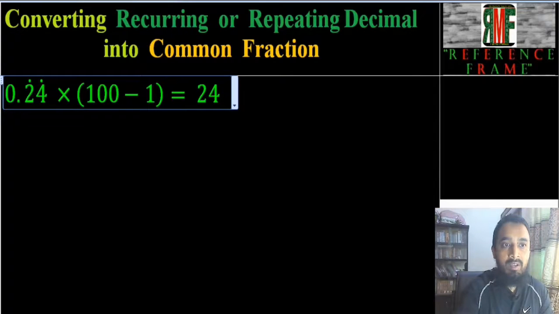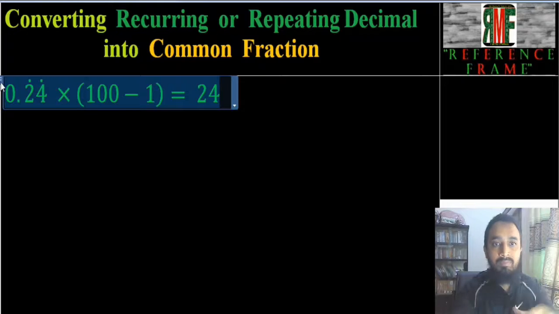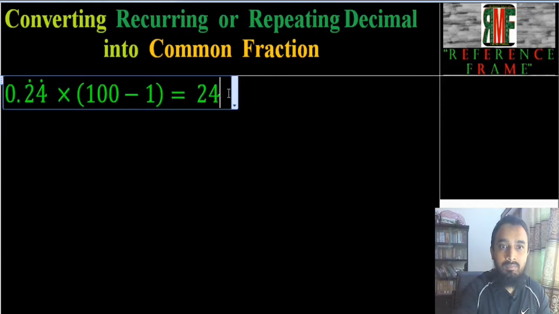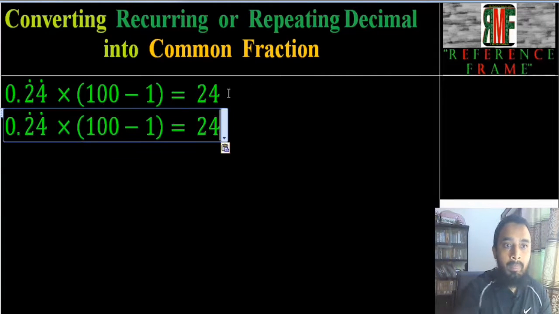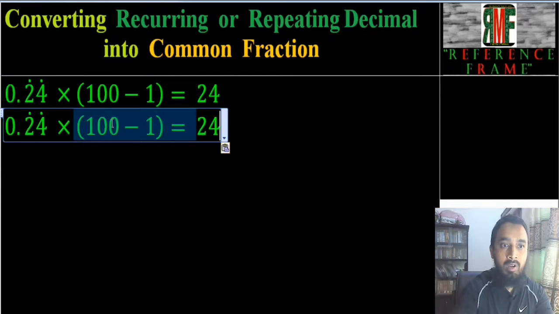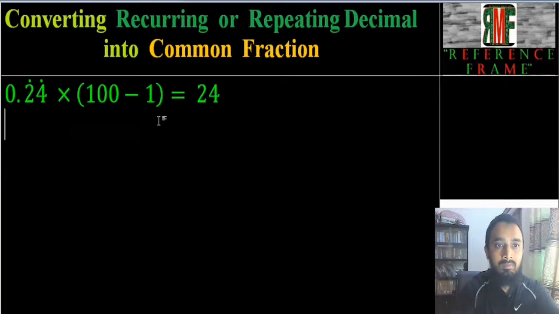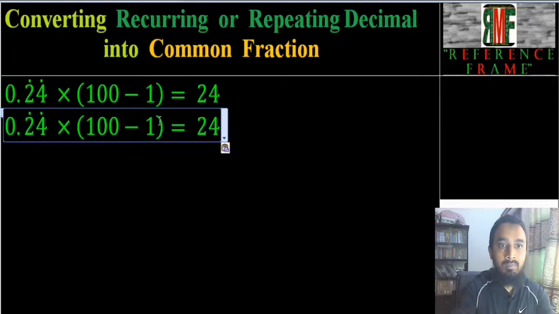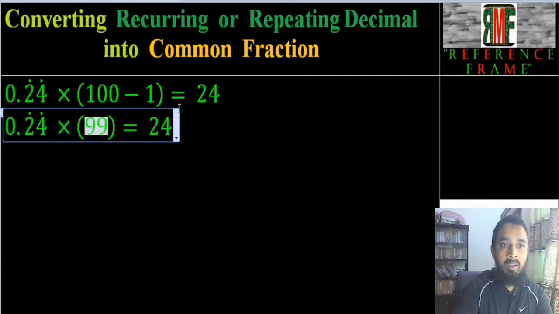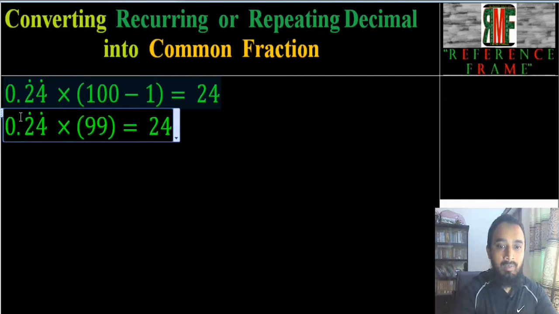That is what we have. So look, if we shift it to the right hand side, what are we going to have? Here we get 99. Okay, so now let's move to the next step.